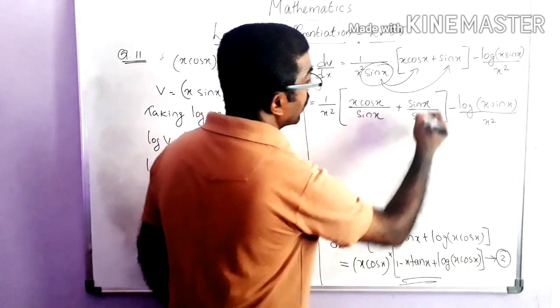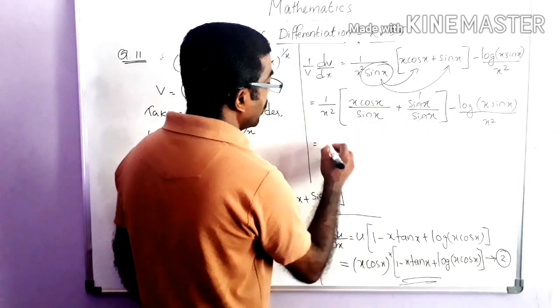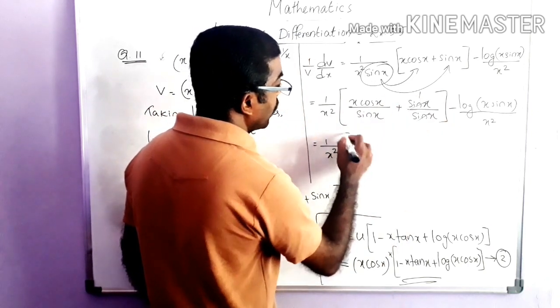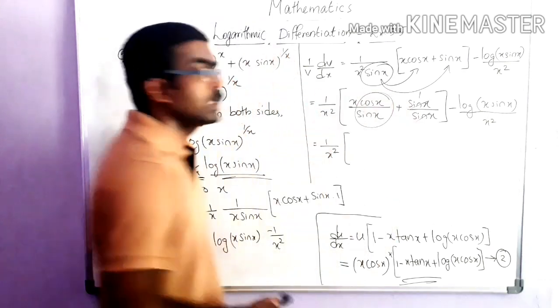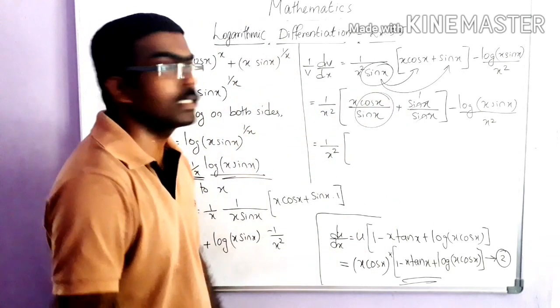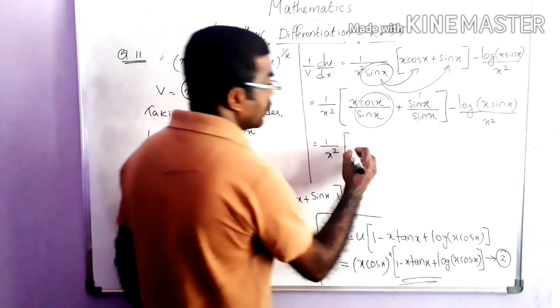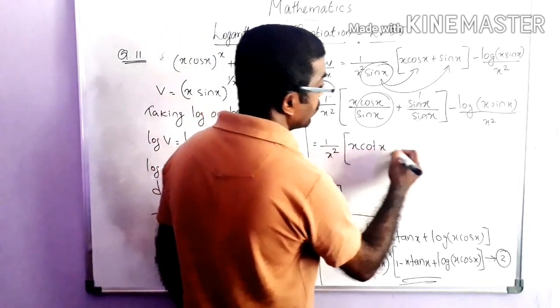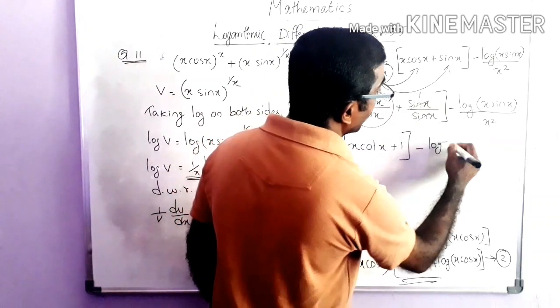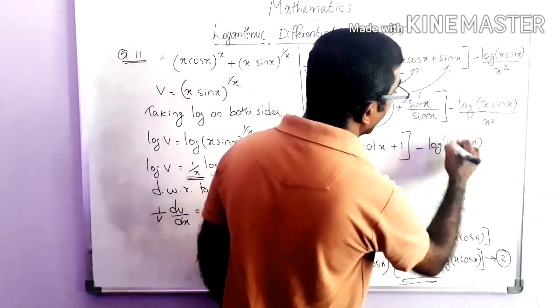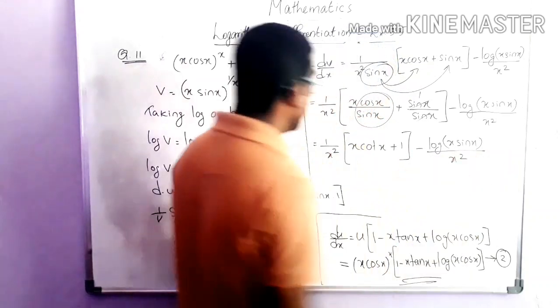This sin x we can cancel, that is 1 by x square into x into cos x by sin x. Cos x by sin x is what? Cot x. So x into cot x, then plus this 1 minus log x sin x divided by x square.